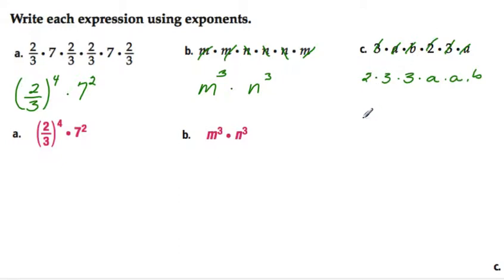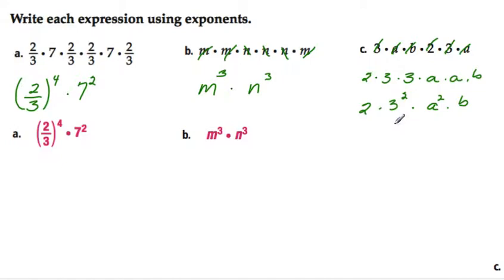So in order to go ahead and figure out my answer, this is going to be 2 times 3 squared times A squared times B. Okay, now they may multiply out the number part here. I'm not sure how our answer is going to look.